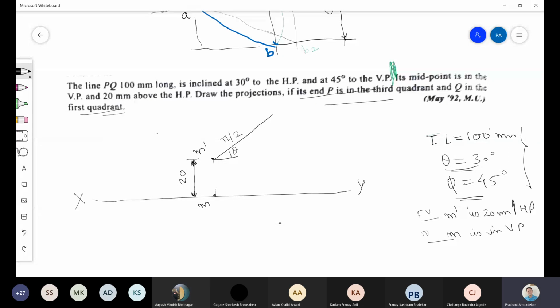P is not known. Okay, P is in the third quadrant, but this point will be Q. Why Q? Because the line we draw is PQ. So we are here now, at M dash. So the point that we'll get will be Q only. Yes, sir. Understood.